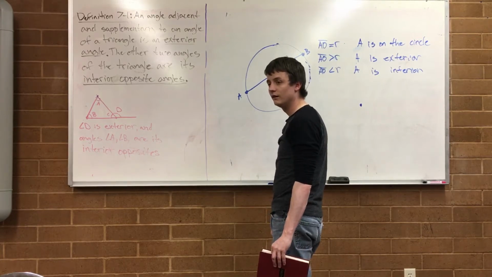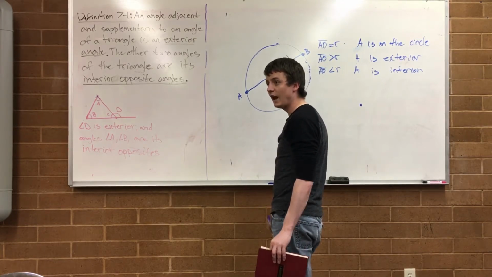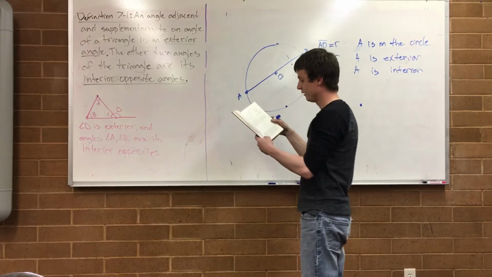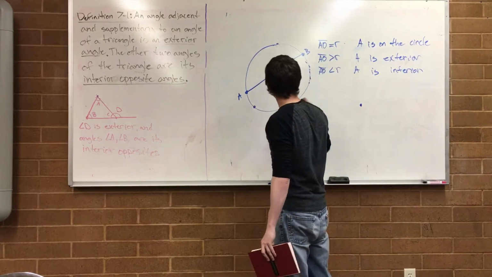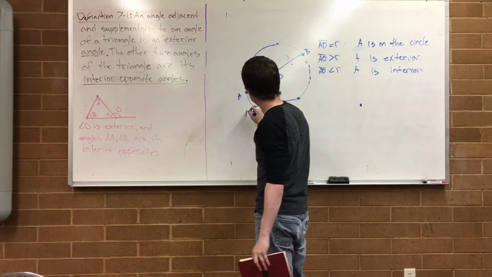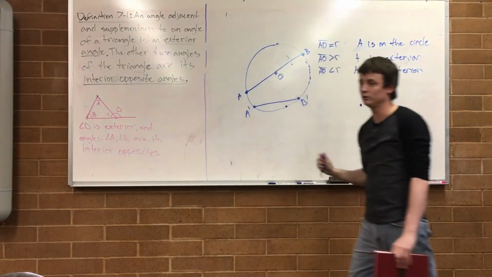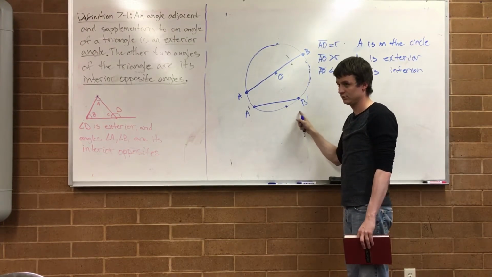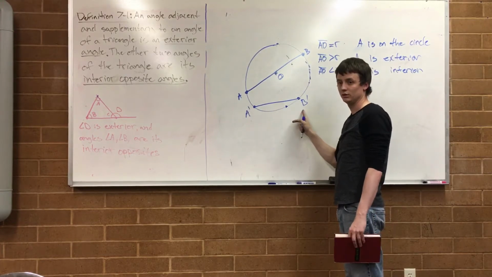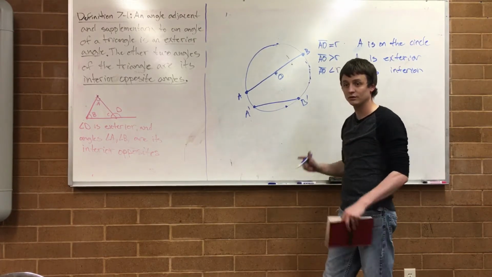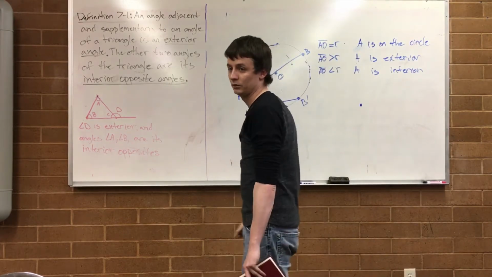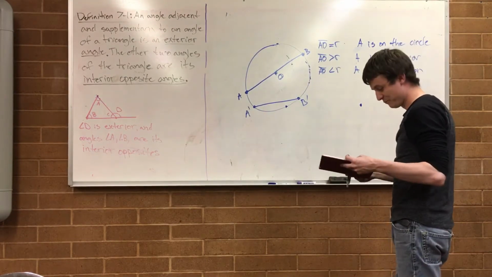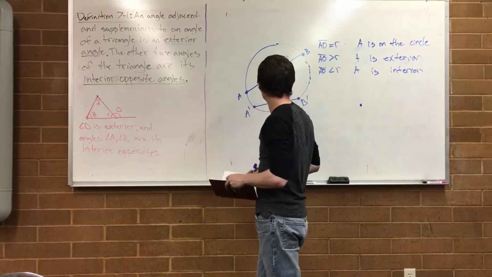If A and B are 2 points on the circle, and they don't go through O, maybe we'll say A prime and B prime, and they don't go through O, you know what that's called? A chord. Because you can plug it in, like on a vacuum. I don't know why it's called a chord, but that's what it's called. A chord, C-H-O-R-D.